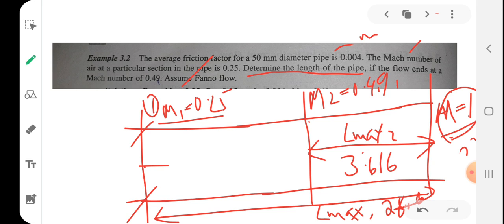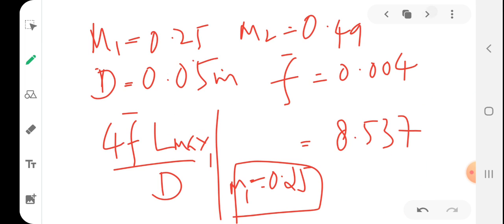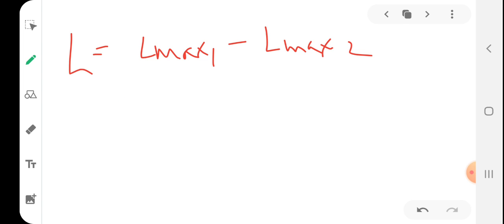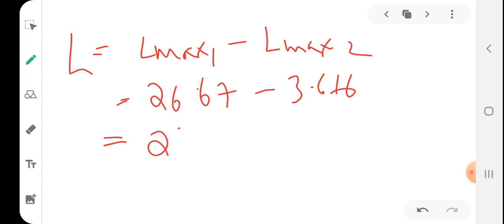The length L will be L max 1 minus L max 2, which is 26.67 minus 3.616, equal to 23.06 meter.